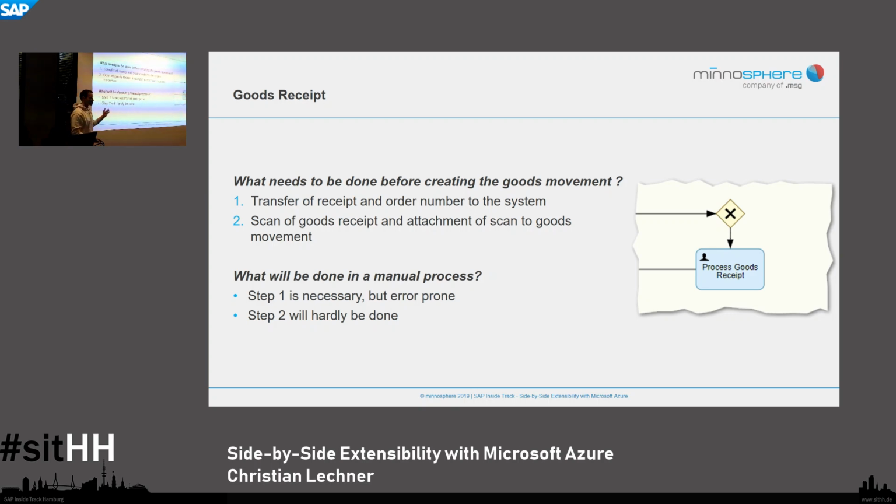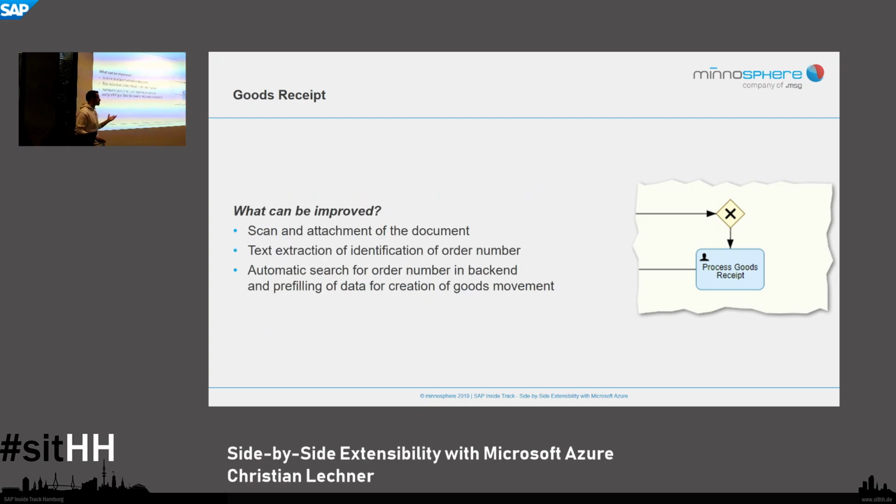Now, what can we do in order to make that better? What can be improved in this quite simple process? Well, we can make the scanning and attachment of the document a bit more natural, a bit better fitting into the process by making it the start point, perhaps with a mobile app.